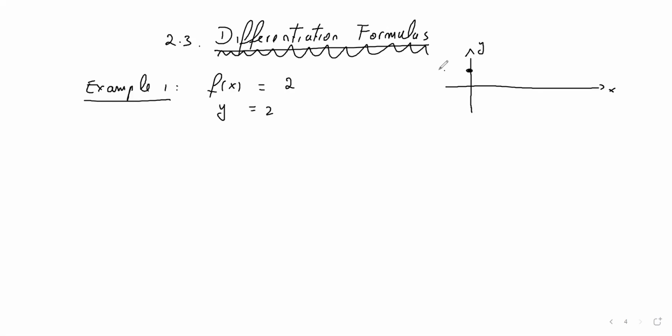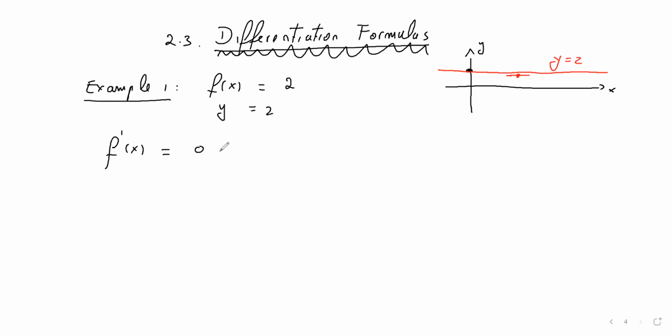So it's going to be this graph. So this is y equals 2. And you can easily see that the tangent lines at any point are horizontal, so the slope of those is 0. And that's what you will say here. So you will say that f prime of x is equal to 0.